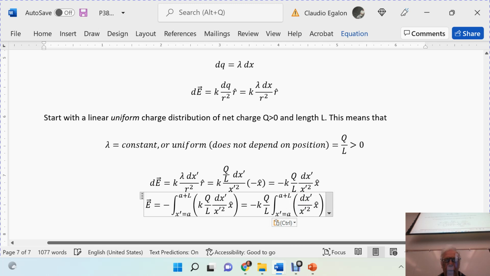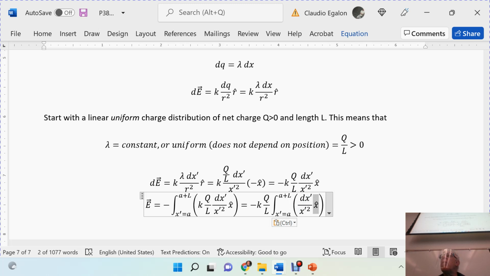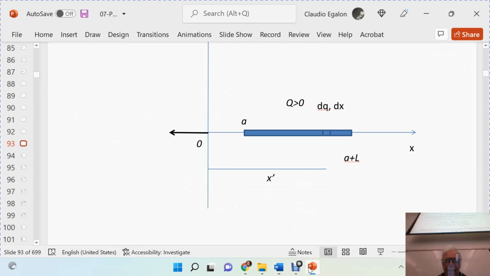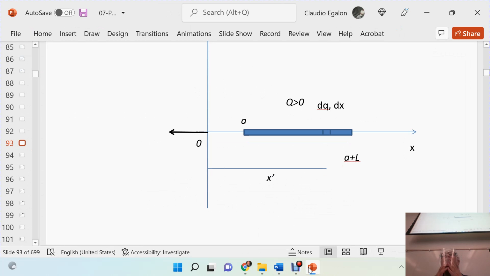Now the tricky one. What about the x hat? Is it constant or not? It's a vector. Is it constant or not? That's the question that you have to ask yourself. Can you picture that?